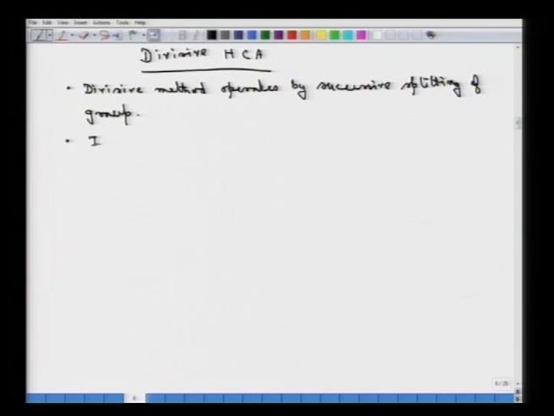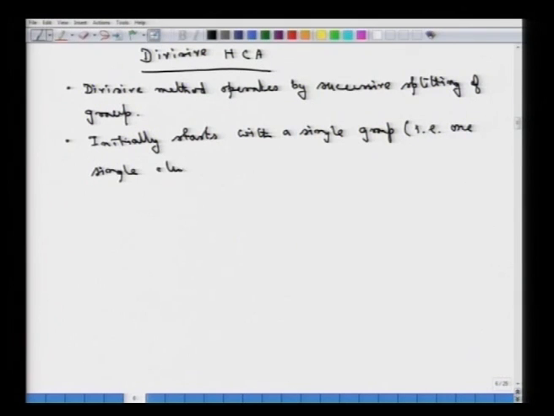This initially starts with a single group, that is one single cluster, where all the objects are put together.